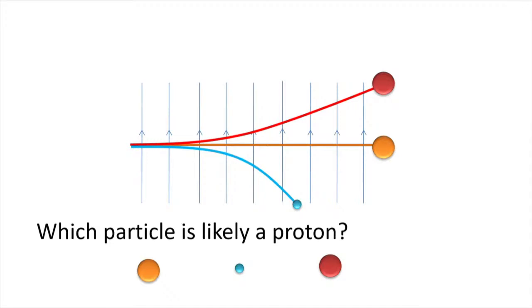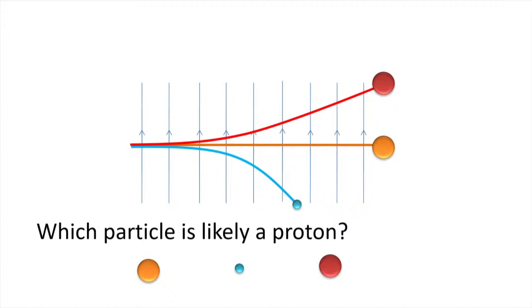So, which particle is likely a proton? Now remember, when a particle is positive, the force that it experiences is in the direction of the electric field. When a particle is negative, the force that it experiences is opposite to the direction of the electric field.